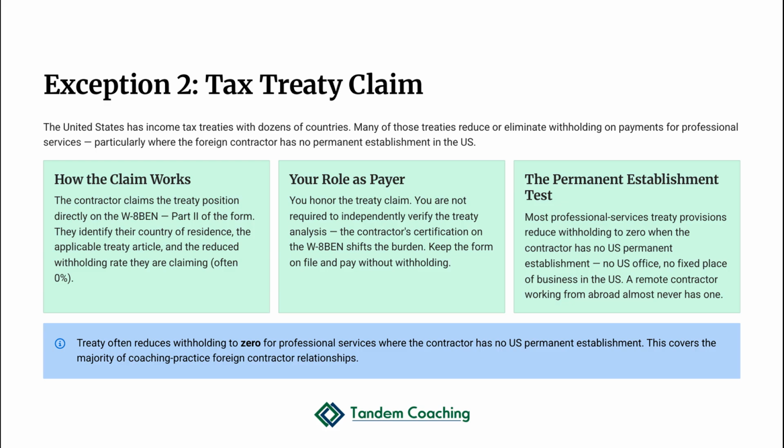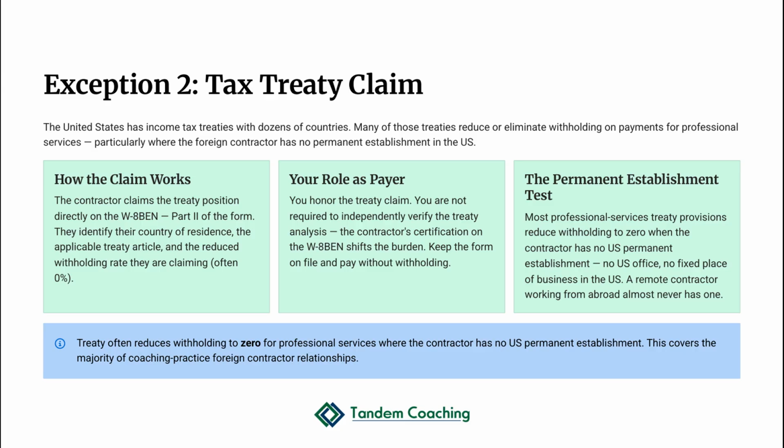Exception 2, the tax treaty claim, covers the situation where services have U.S. source characterization, but the contractor's home country treaty reduces or eliminates the withholding. Most U.S. tax treaties with European countries and many with countries in Latin America and Asia reduce the withholding rate on professional services fees to 0, where the contractor has no U.S. permanent establishment.